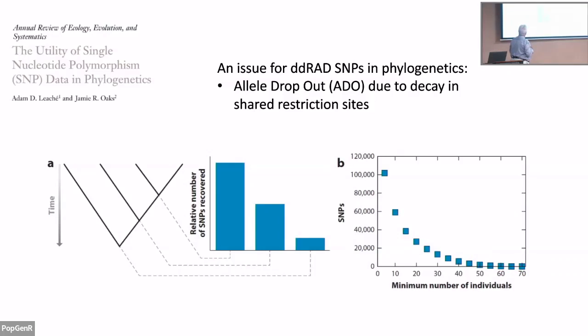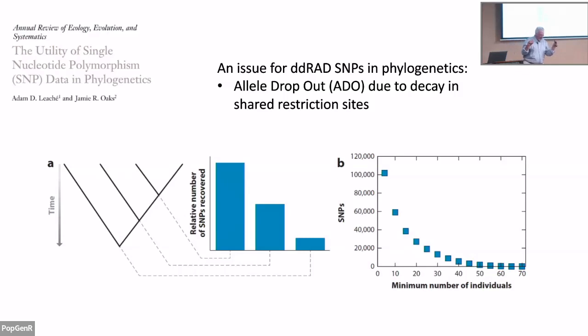But for a typical data set, you'll get a high proportion of SNPs recovered fairly uniformly across individuals in the most recently diverged taxa. That will drop down as you go to greater evolutionary time, and further down as you compare across the base of that tree.